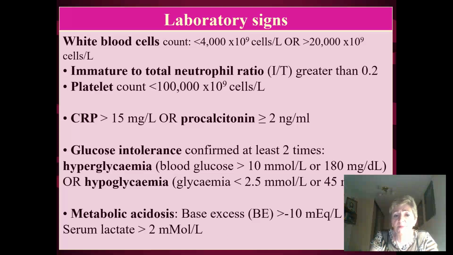Sometimes you can reveal hyperglycemia when blood glucose is more than 10 millimoles per liter or 180 milligrams per deciliter, or hypoglycemia when blood glucose is less than 2.5 millimoles per liter. And the signs of metabolic acidosis. I think you remember metabolic acidosis from the previous lecture, when you reveal a very high base deficit, more than 10, and increased serum lactate.